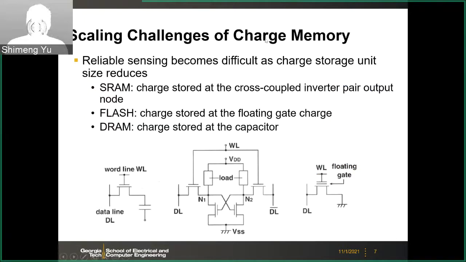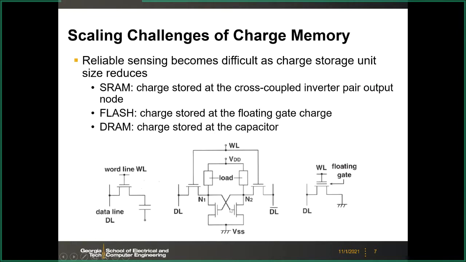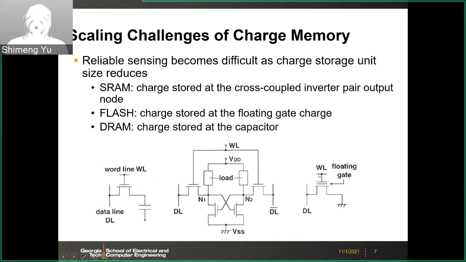So here, charge-based memory face the scaling challenges as we discussed. So here we show the DRAM, SRAM, and floating gate transistor, flash. So as we just discussed, all of them rely on the charge storage, either at the internal capacitor or this internal parasitic cap by those like CDB, CGD of those transistors, and also rely on the charge storage in the floating gate or the charge trapping layer.